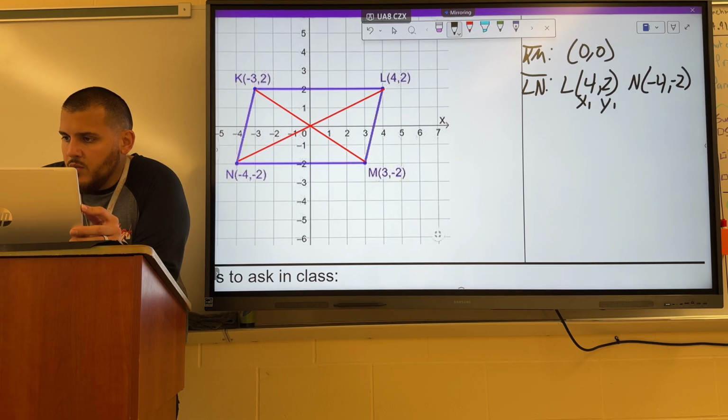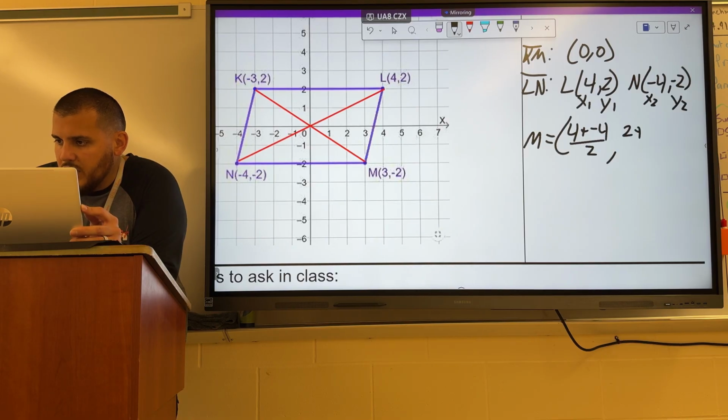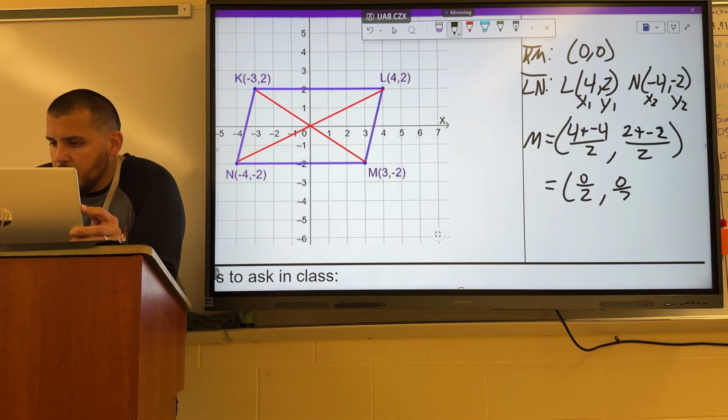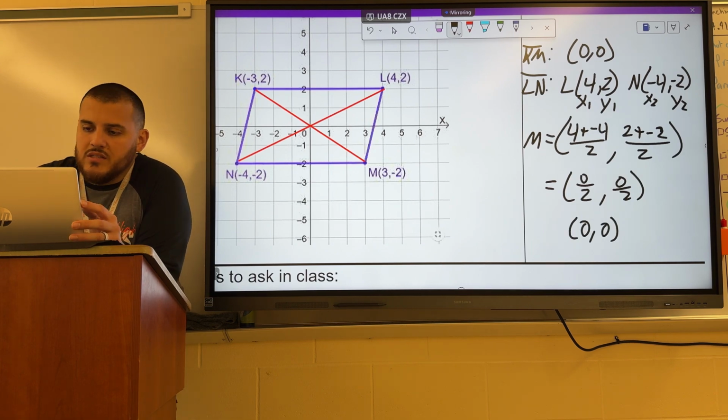Got x1, y1, x2, y2. Again, plugging into our midpoint formula. x1, 4 plus x2, negative 4 over 2. y1, 2 plus y2, negative 2 over 2. 4 plus negative 4 is 0. 2 plus negative 2 is 0. And again, we get a midpoint of 0, 0.